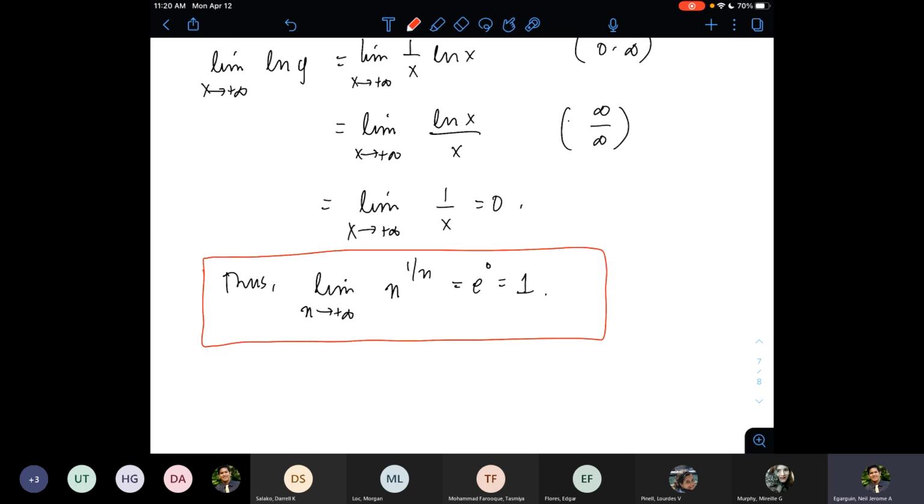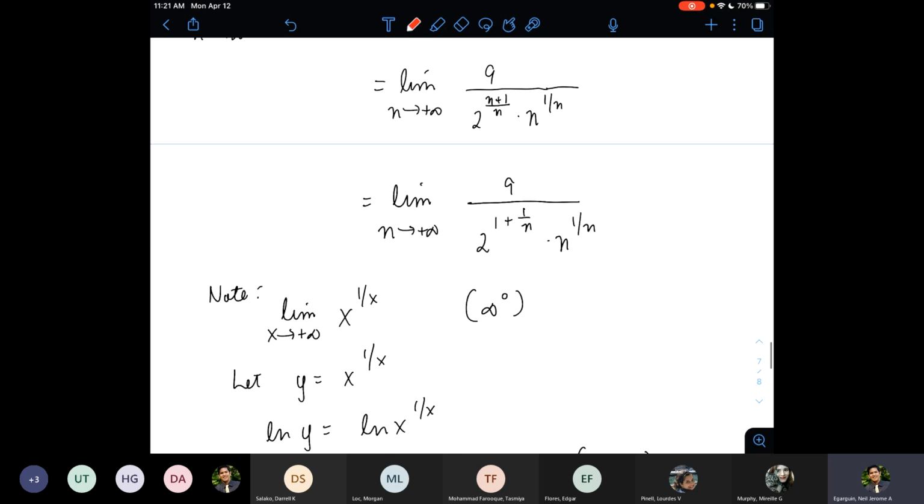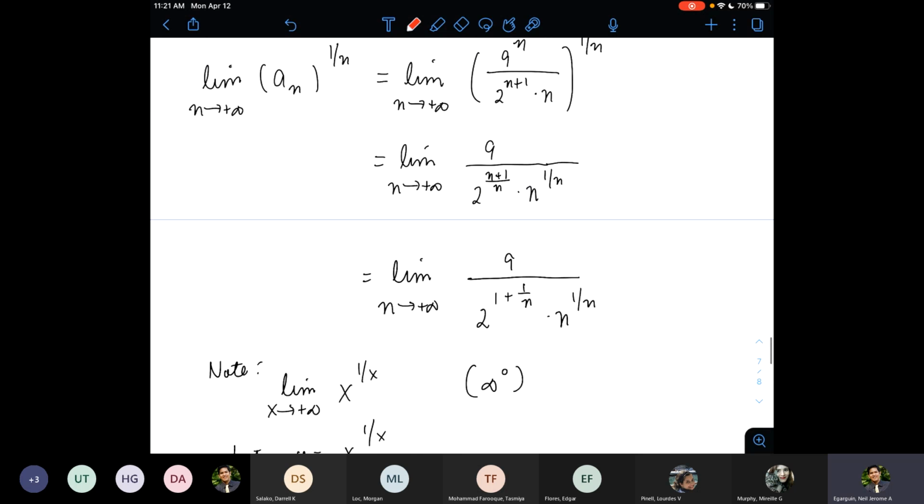Maybe this result is something that you can remember, because this usually arises when you are considering using the root test. So if you are dealt with the limit of n to the 1 over n, this will just be equal to 1. Okay. So ultimately, going back to our problem, this would be equal to 9 over 2, right?